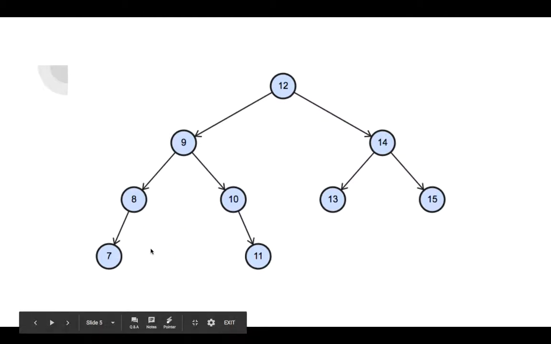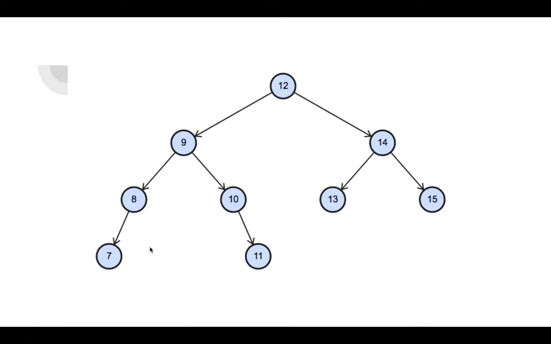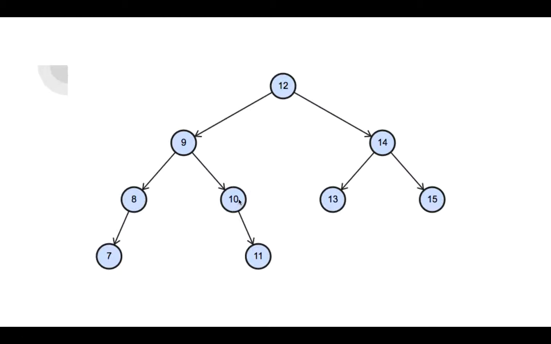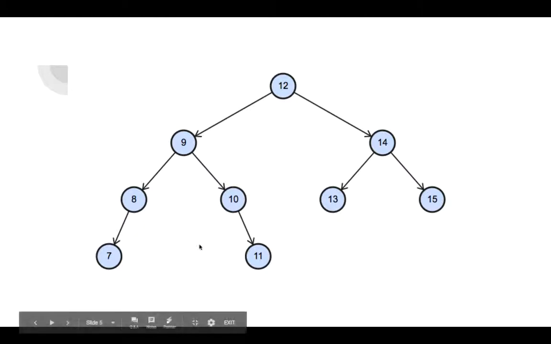If you look at this example, 8 has a left child 7 and does not have a right child. It was possible that 8 could have a right child, so there is a gap between 7 and 11. Similarly, 10 has a right child 11, but it doesn't contain a left child, which could be anything.